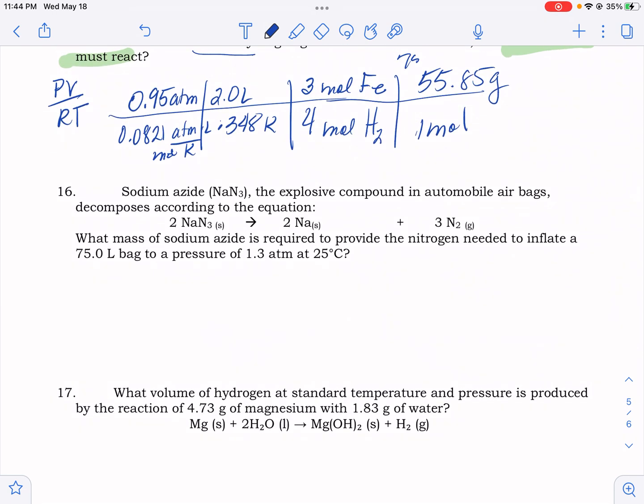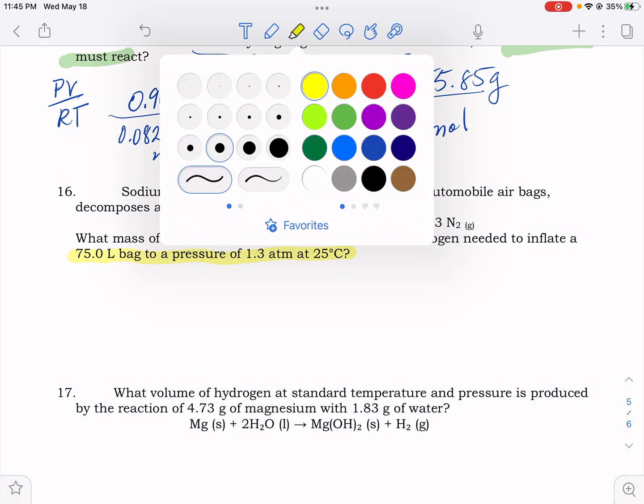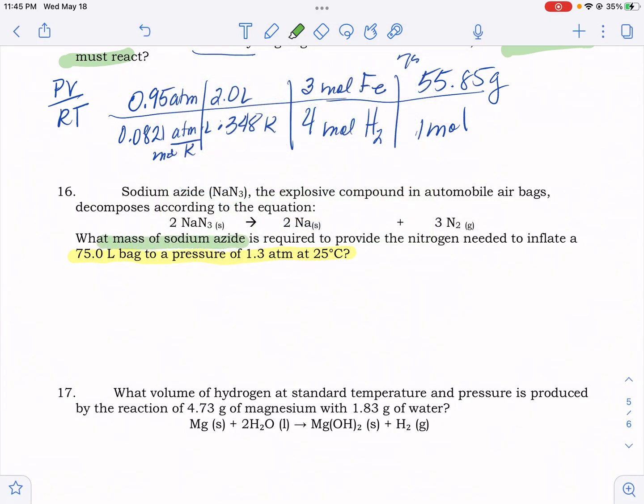Number 16, we know the volume and pressure and temperature, and we want to solve for mass of sodium azide. Sodium azide is NaN3. And we're solving for nitrogen. We want to know how much azide it takes to blow up our nitrogen bag, our bag full of nitrogen.